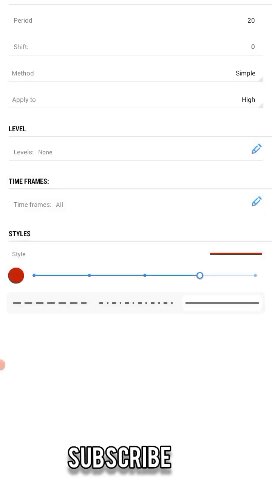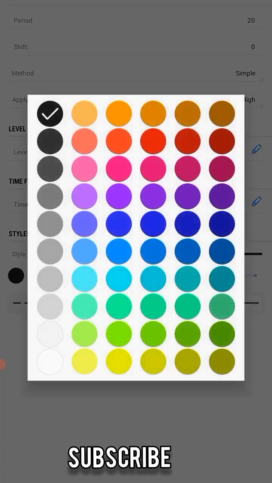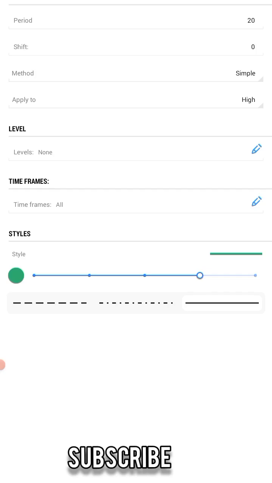I'll put a black color, because we're having red. No, let me choose another color, please. Let me choose green for the high. Or rather, a blue color, not really dark. Okay, yes, high. Let it be this color.